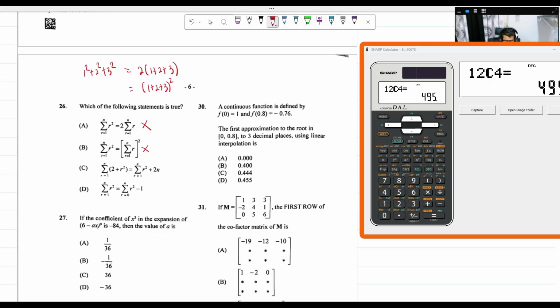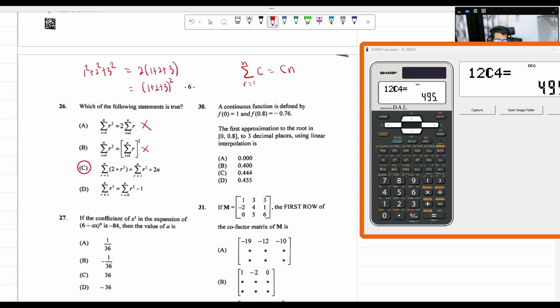Part C looking good. If I break up the summation, the summation of a constant c when r starts from 1 to n is just c multiplied by n. So the summation of the constant 2 will be 2n, and the summation of r squared is the summation of r squared. So C is looking like the correctest one.